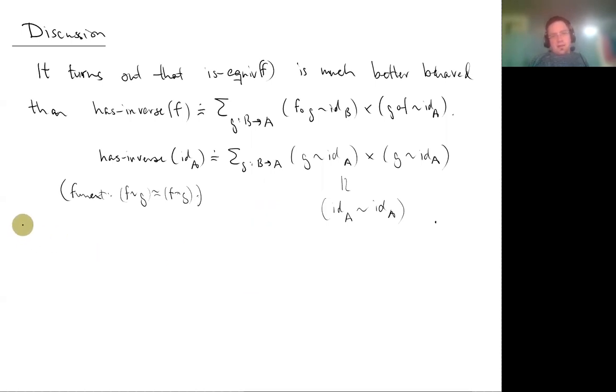On the other hand, it's not too hard to show that we can always improve an equivalence to have a proper two-sided inverse. So this is now back to real formal stuff. If you fix a function f from A to B, then you have a map from the equivalences, or the witnesses that f is an equivalence, to the type of two-sided inverses.